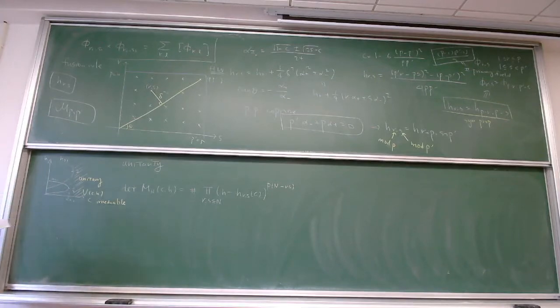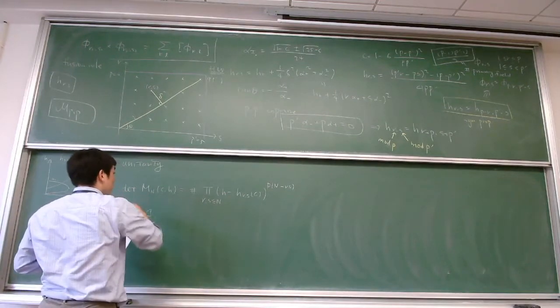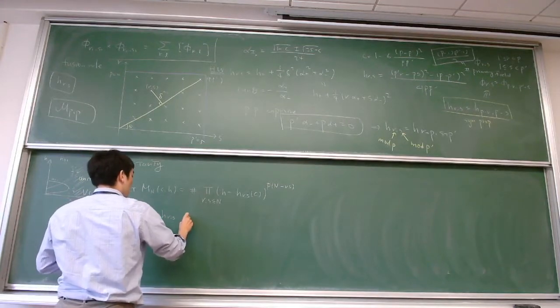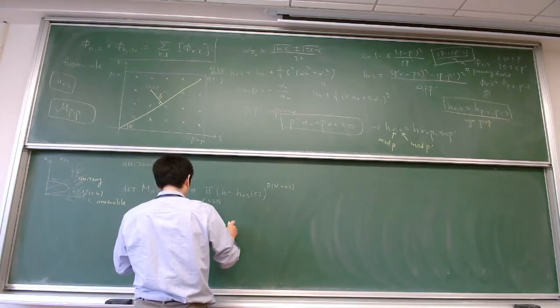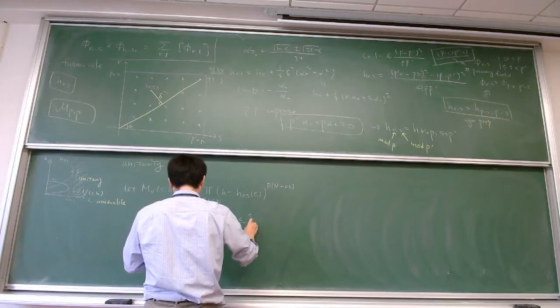The proof is, first, this HRS curve occurs when c is less than or equal to 1.